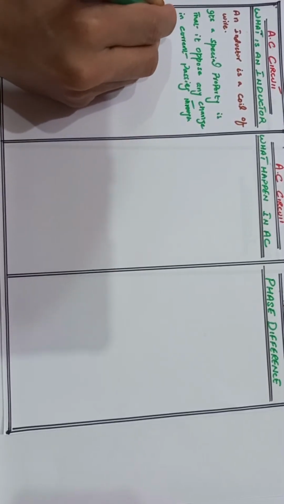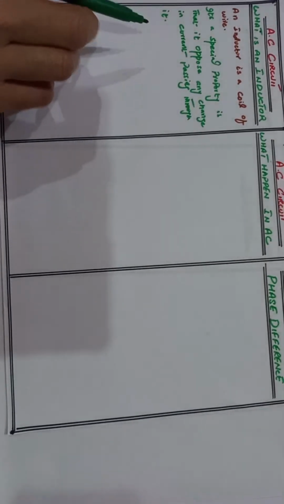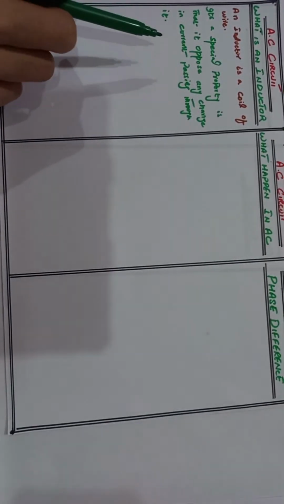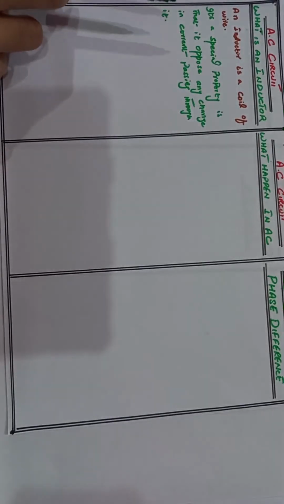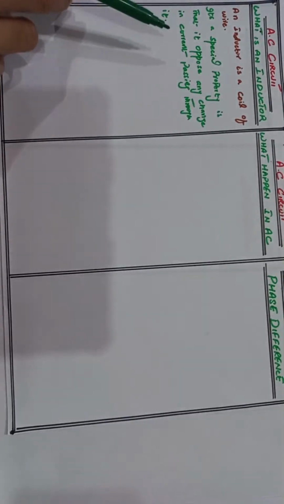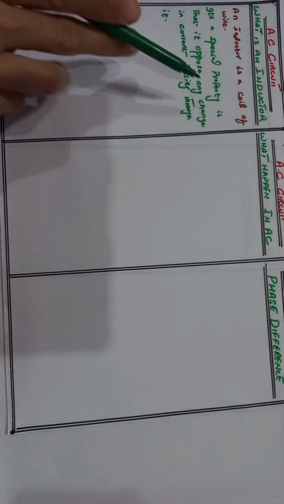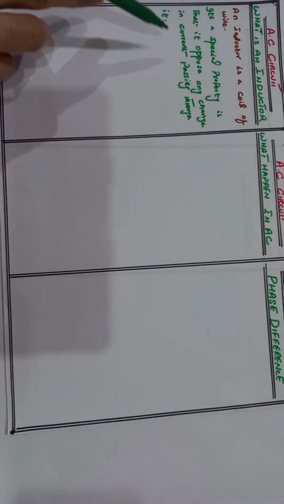An inductor always opposes change in the current when the current is passing through it. We already studied that the resistor's property is that it always opposes the current that flows through the resistor. The inductor's property is that it always opposes any change in current passing through it.